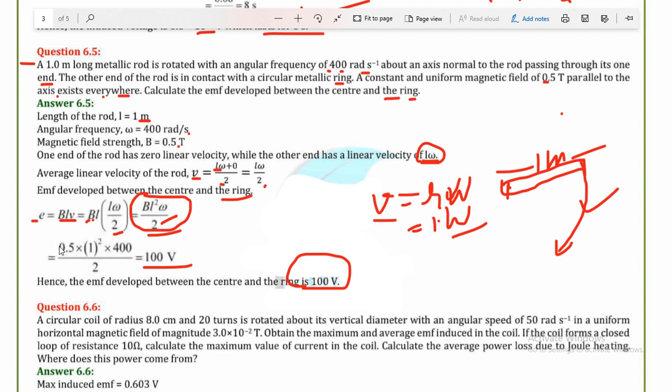After substituting the values given in the question, the value of B is 0.5 Tesla, L is 1 meter, omega is 400, and upon 2. This will give you the answer of this question, that is 100 volt.